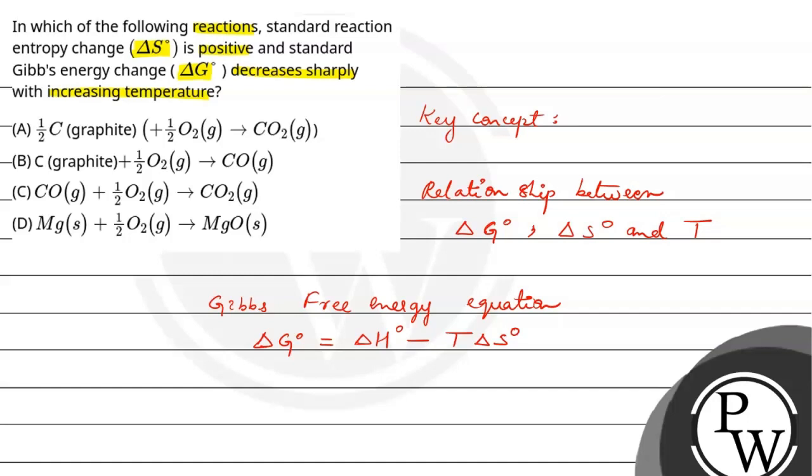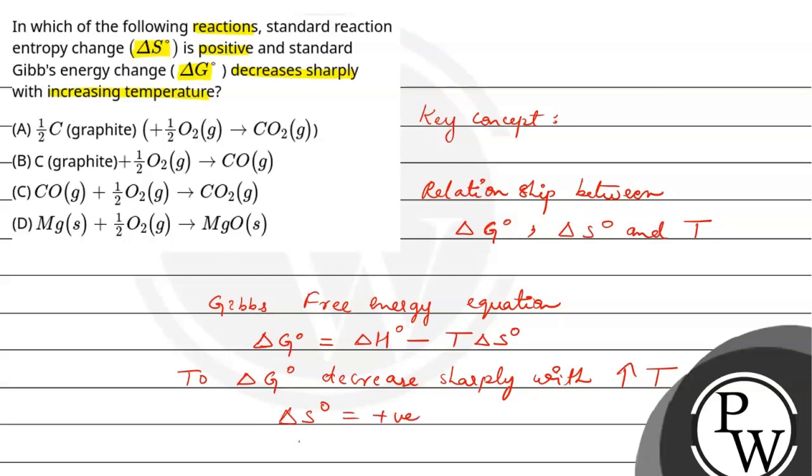So here, to make delta G decrease sharply with temperature, that is written in the question only, decrease sharply with increasing temperature, we should make sure that delta S naught should be positive.